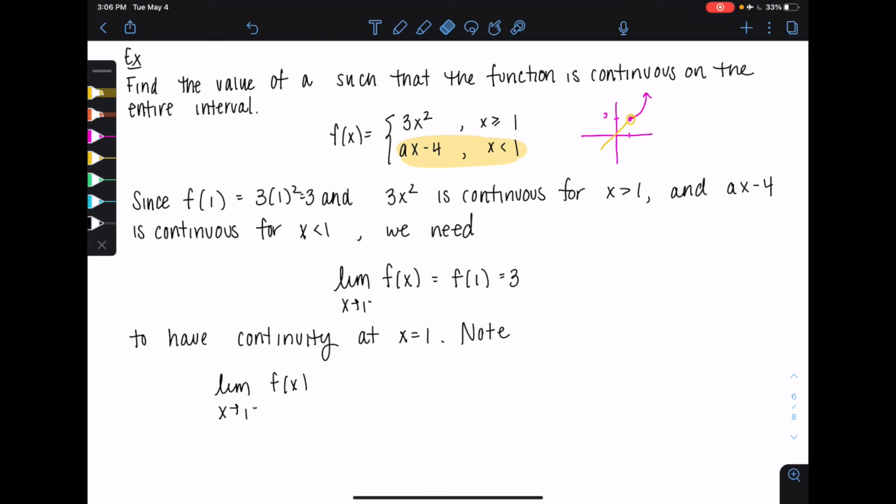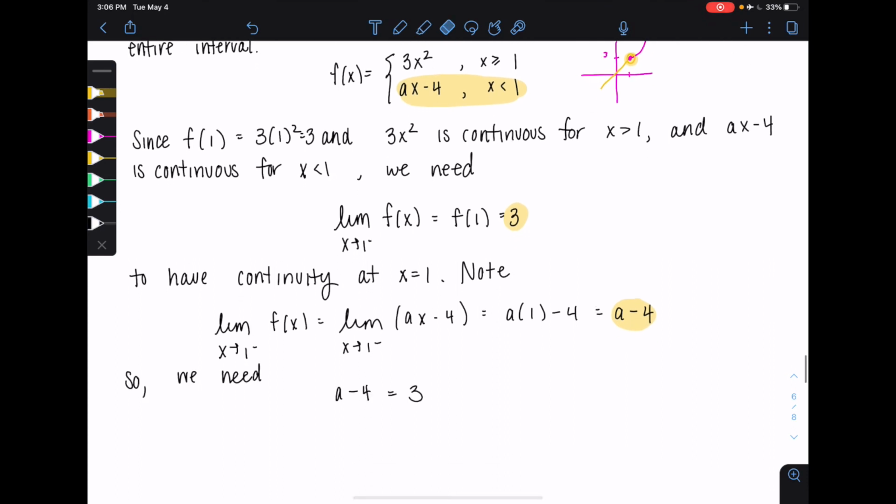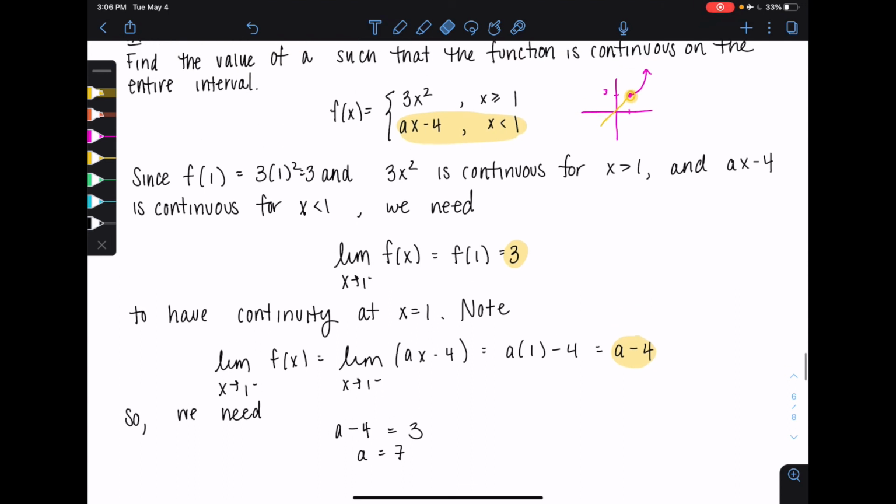But I can go ahead and calculate that limit. I'm dealing with that line. I have no problems just plugging in 1 here. So it would be a times 1 minus 4. The output here would be a minus 4. So I need this to equal 3 to guarantee I have overlap between these two. So what we need is a minus 4 to equal 3, which really just tells us a equals 7.